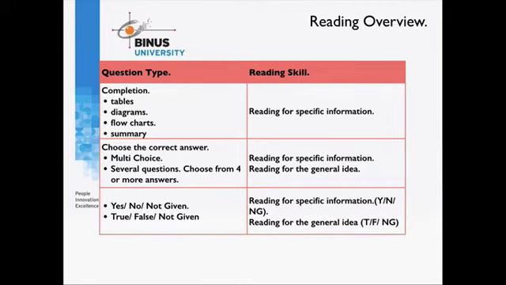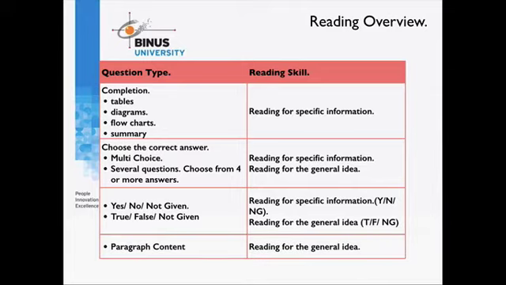And then the yes, no, not given, or true, false, not given could be reading for specific information if it is yes or no, and then the true, false, not givens are about reading to get the general idea. And finally, the paragraphs is about reading for the general idea, where you have to identify the main points in the main topic of the paragraph.